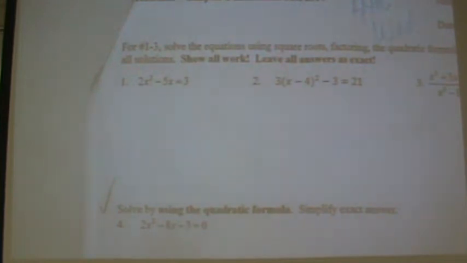Okay. If you recall, this is the first part of the chapter 2 test. I need you guys to do this first part without a calculator. Most of these were in quadratic form. A lot of them were actually quadratic problems, but you were asked to do these problems without a calculator.